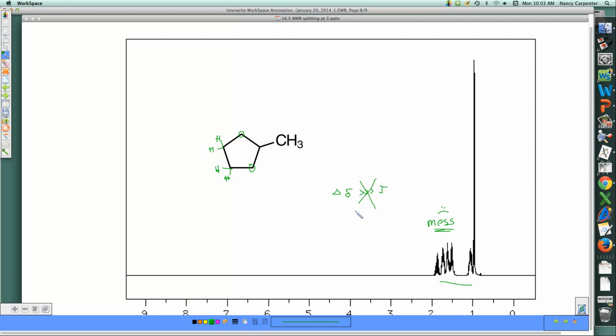The difference in chemical shifts is not much larger than the coupling constants, and so n+1 does not hold. You cannot dig any kind of useful coupling constant or neighboring hydrogen information out of this, because there's no first order spectra here.